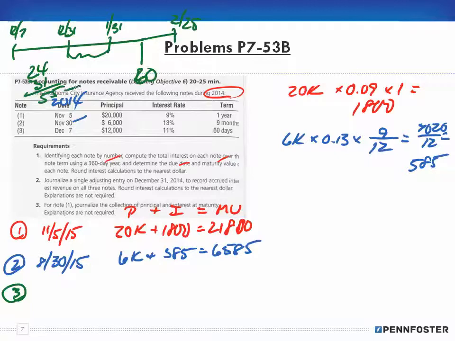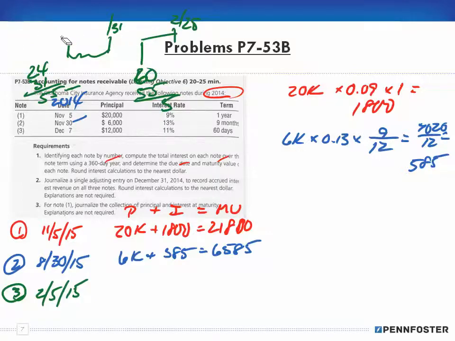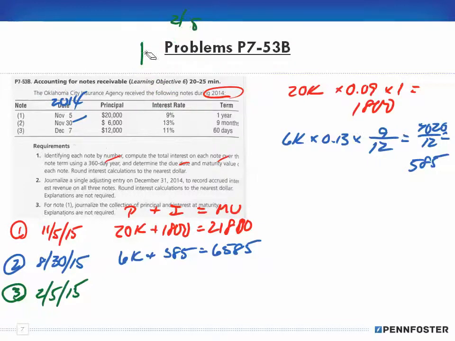So we only need 5 more days. Because it's a 60-day note, less 55 days means we have 5 days in February. So 2/5/2015 would be our due date. Use the timeline to see that more visually.